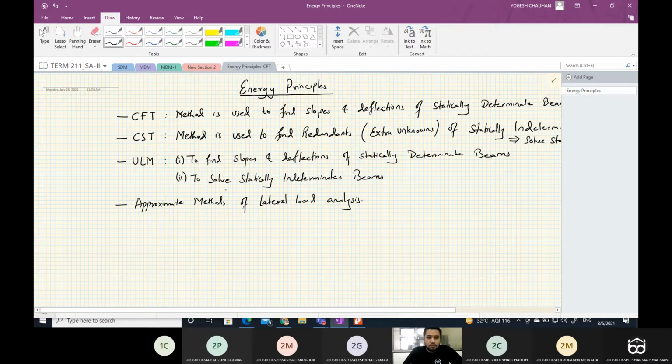Okay, so with this, we first start with the strain energy, some concepts of strain energy or energy principles which you might have studied in your structure analysis one. So first is strain energy.